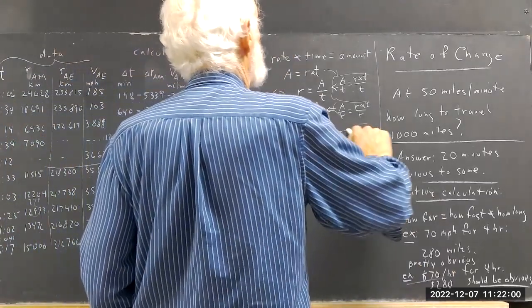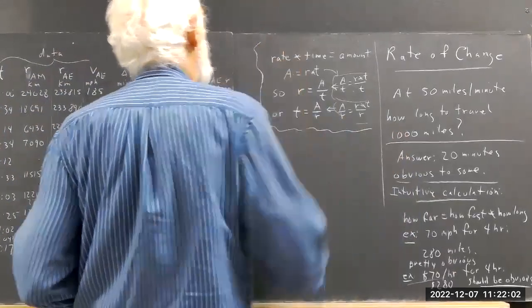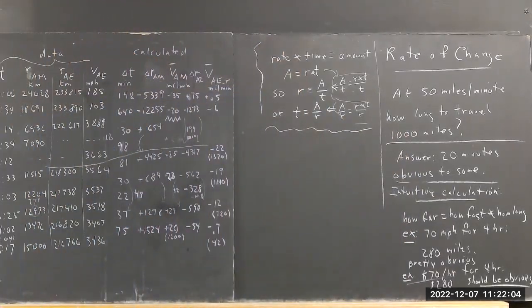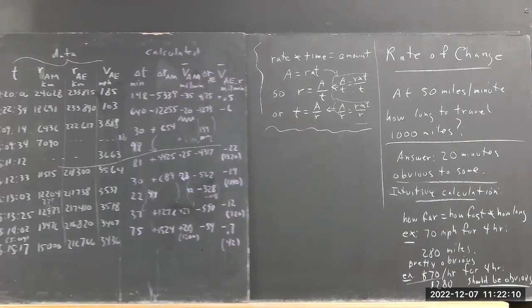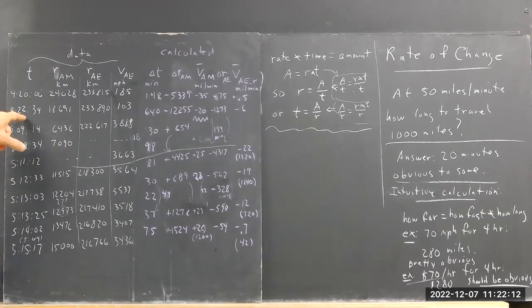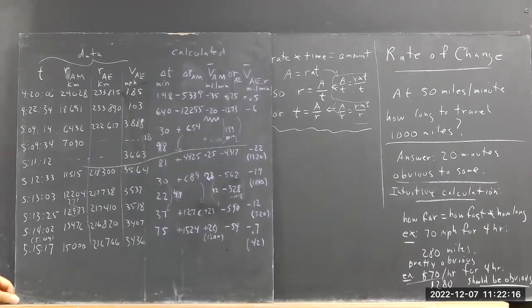Now, here's some data from early when I was still trying to figure out everything that was going on, okay? This is the time since the thing was launched. 4 days, 22 hours, 34 minutes.